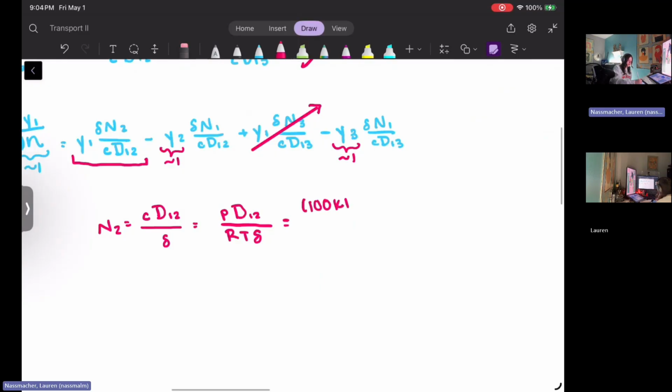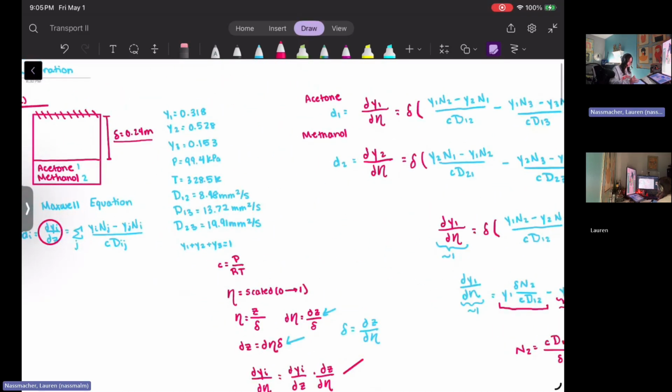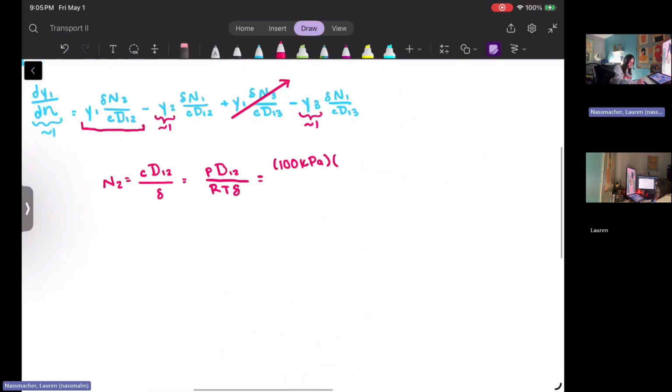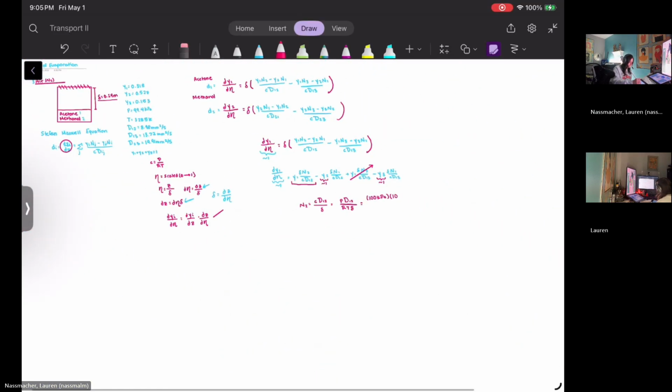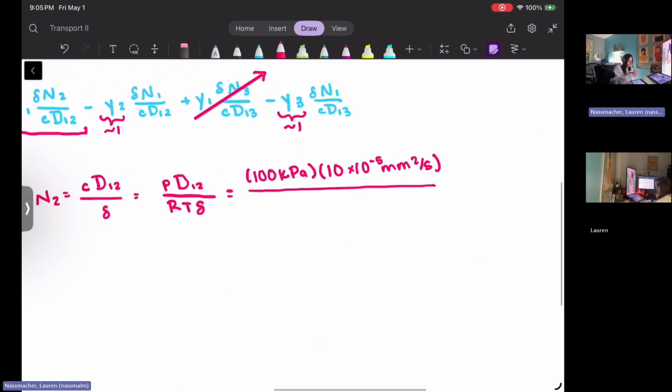So we have 100 kilopascals multiplied by our diffusion coefficient of 1 to 2, which is 8.98, but it's not really, it's also 10, times 10 to the negative fifth, because it's in millimeters and not meters squared per second. And that is over R, which is 8.314. We'll just say it's 10 again.